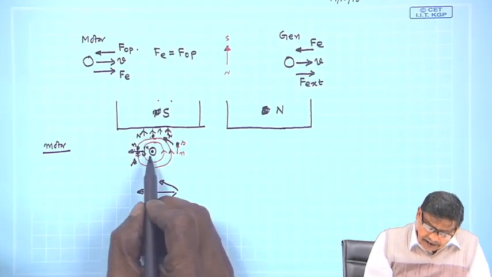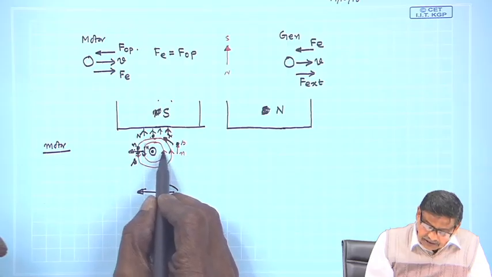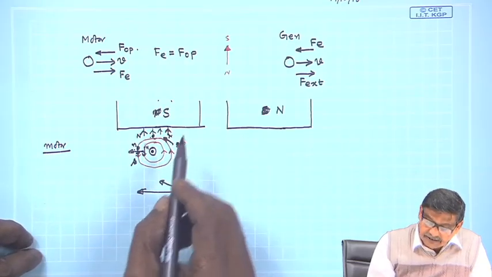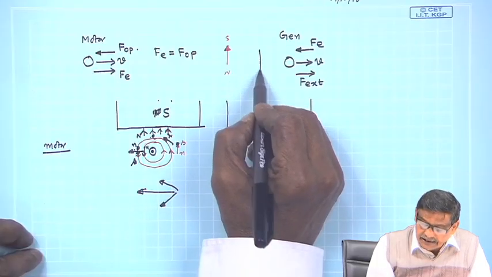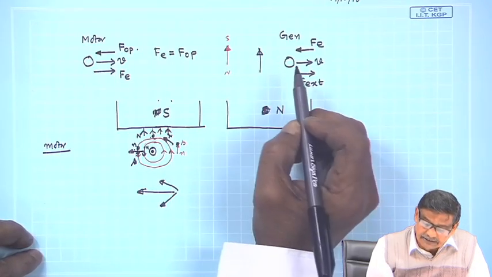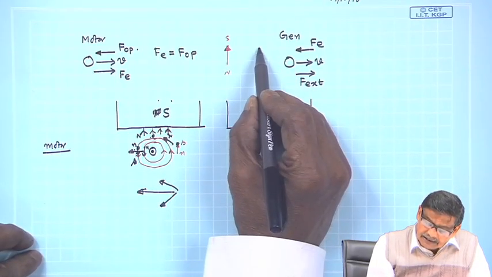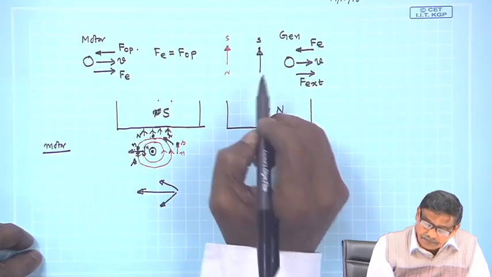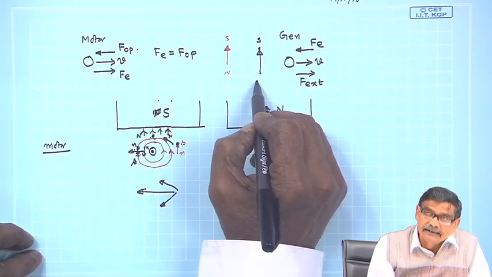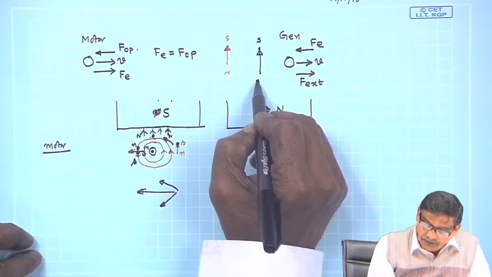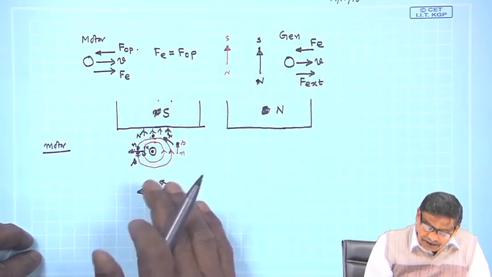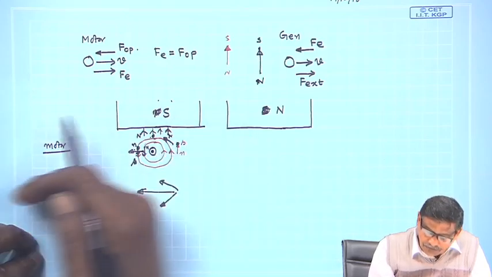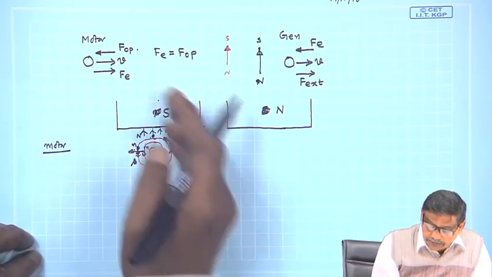Depending upon the direction of the current, I can draw the flux lines it creates, and recalling this fact, any flux lines you draw like this means this tip is heading towards the south pole and this side is a north pole. With this simple argument, you can easily see the conductor will try to move from right to left in this particular case.